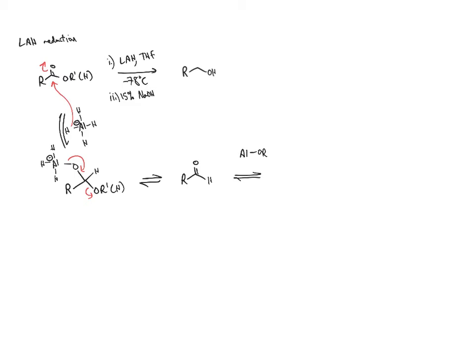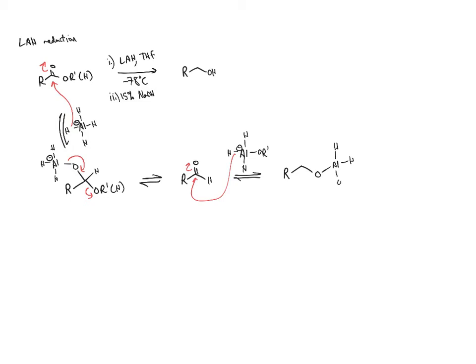And sometimes you don't even need a second equivalent. You can actually just use the aluminum hydride that has that OR group attached to it as the nucleophile. So this can add in. We can generate a new oxygen aluminum bond and a new carbon hydride bond.